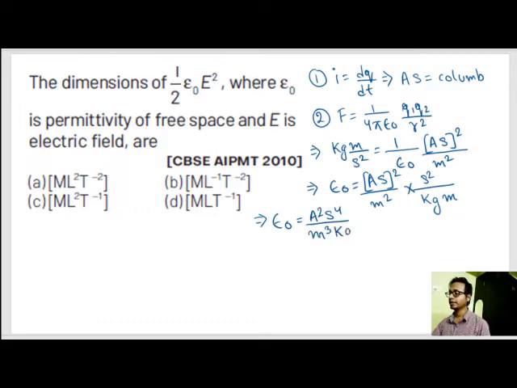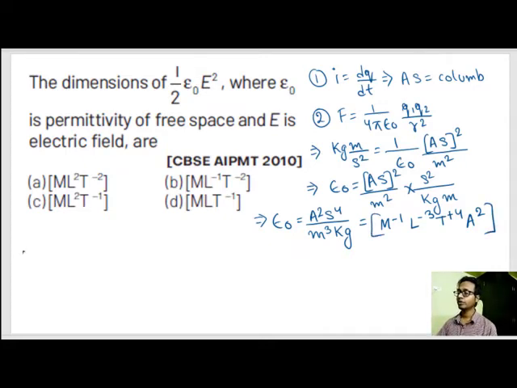In dimension it can be written as M to the power minus 1, L to the power minus 3, T to the power 4, and for current A to the power 2. M is for mass, L is for length, and T is for time. This is our epsilon naught.